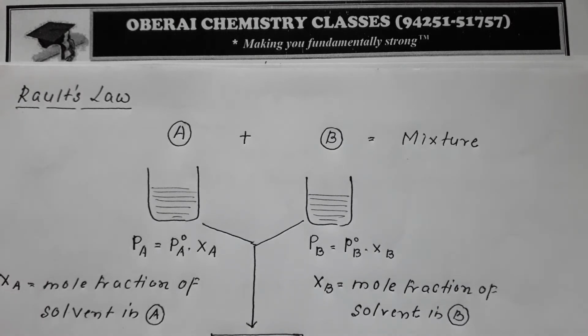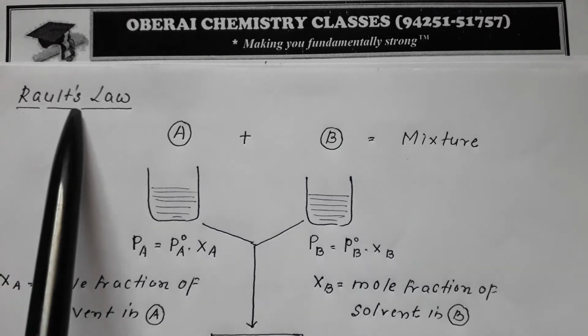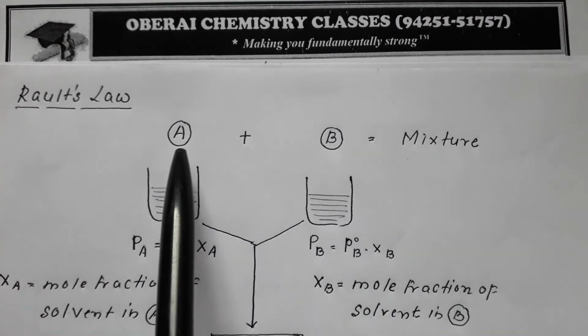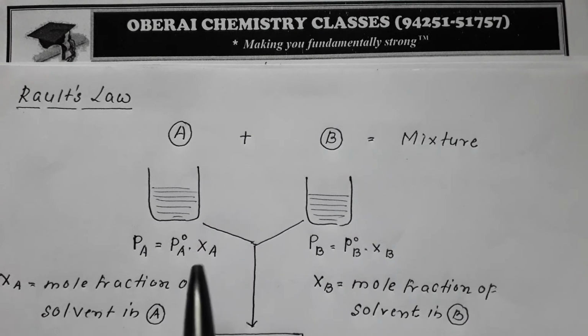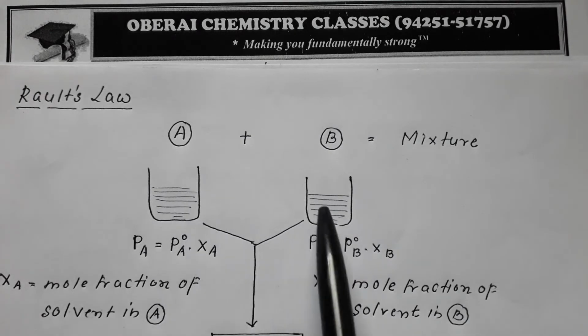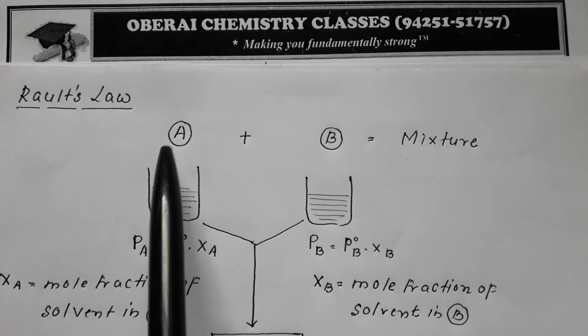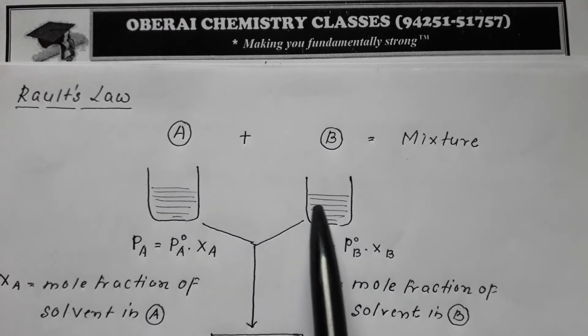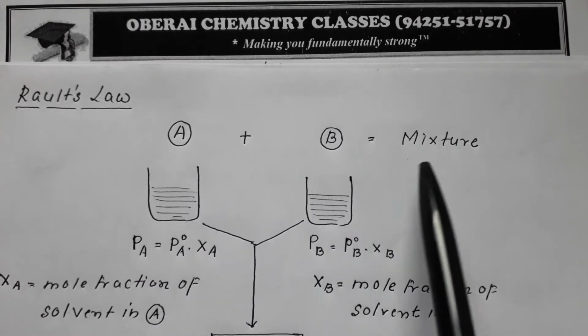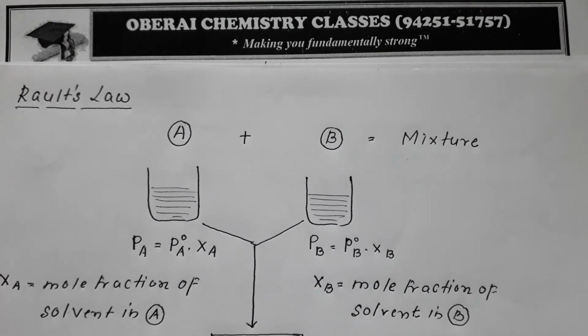Now, we are proceeding with Raoult's law. According to this law, if there are two solutions A and B whose vapor pressures are PA and PB, and they are mixed together to form a mixture, what is the vapor pressure of A?